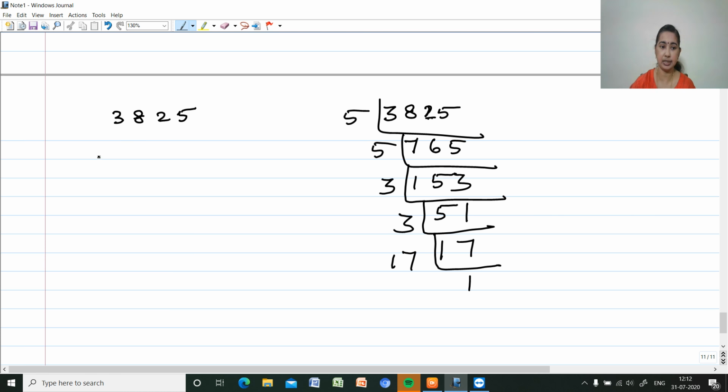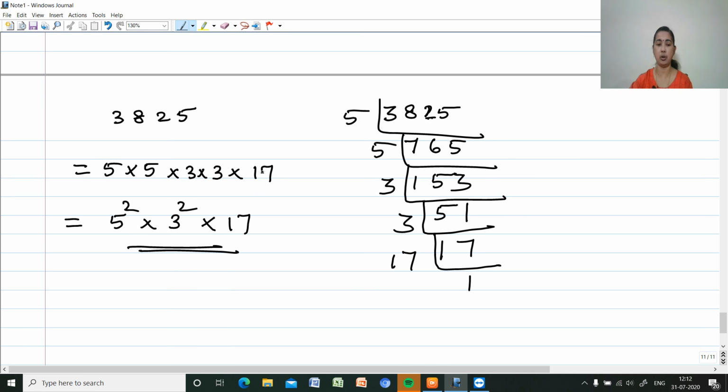We cannot factorize it again, so I can write 3825 as 5 into 5 into 3 into 3 into 17, that is equal to 5 square into 3 square into 17. It does not matter in which order the factors come. In any order we can write the factors, and we are still writing it as a product of primes. Any composite number can be written as a product of primes.